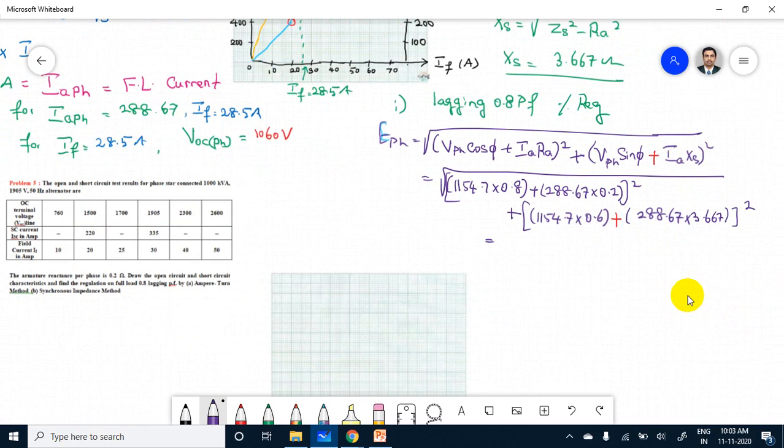Finally, the E phase value we get is 2007.6615 volt.